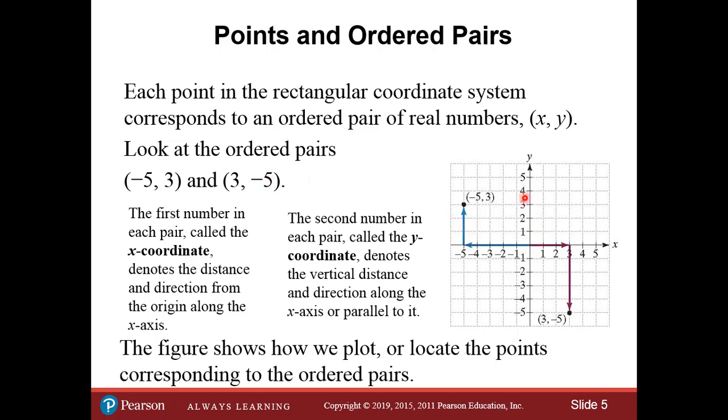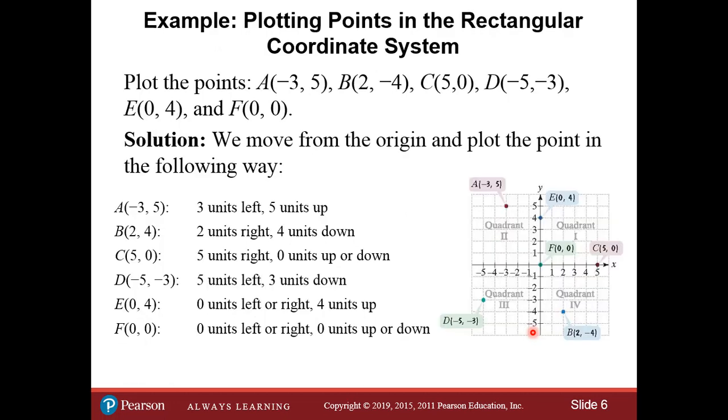Look at the picture here. This is where -5, 3 is located, and 3, -5. If you switch the xy coordinates, you get a completely different point on the rectangular coordinate plane.